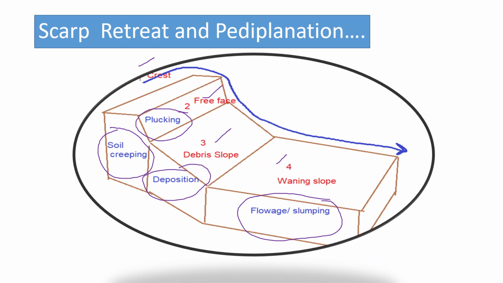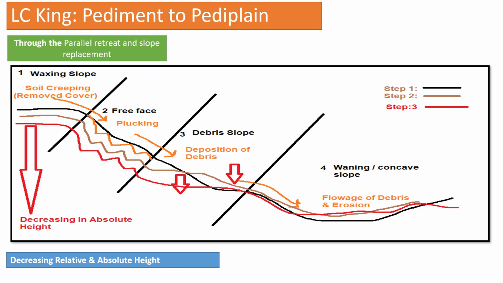This process continues for a long time, and for the evolution of landscape, the process is known as scarp retreat. There is a declining trend of the absolute relief. That means there is a migration of the slope. It migrates downwards.